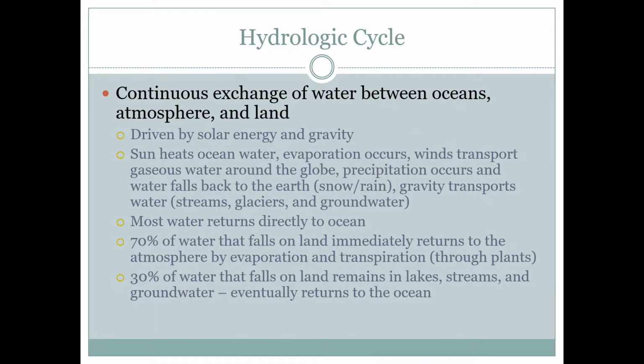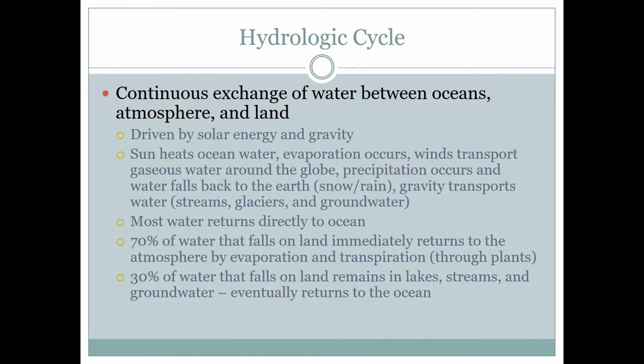70% of water that falls on land immediately returns to the atmosphere via evaporation. That's crazy. Most people don't realize that. So when water falls on the Earth, most of it immediately evaporates back into the atmosphere and through transpiration in plants. That means 30% of the water that falls on land remains in lakes, streams, and a lot of it goes into groundwater. But all of that typically returns eventually back to the ocean. Lakes go into streams, streams go into the ocean, right?